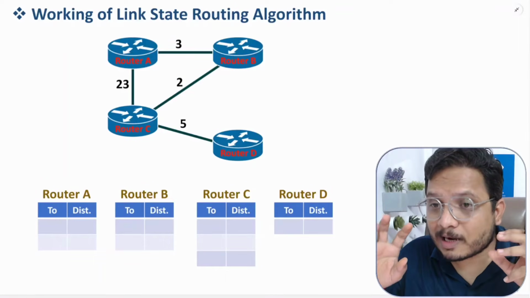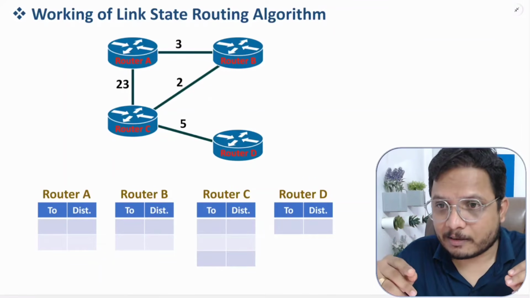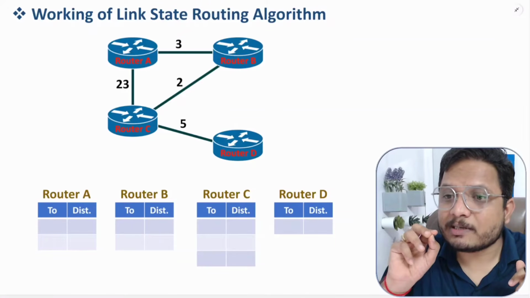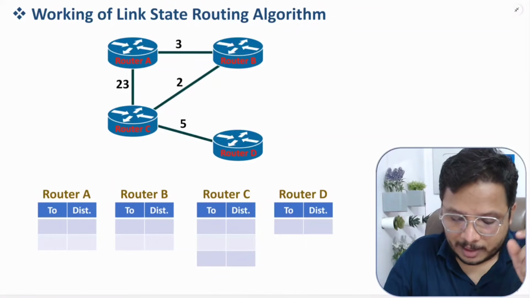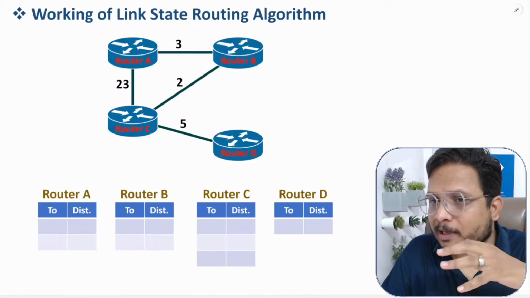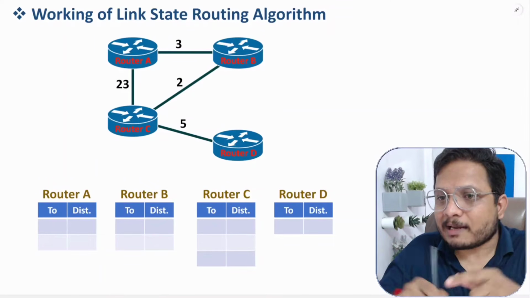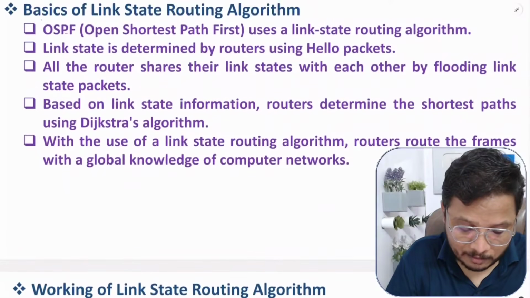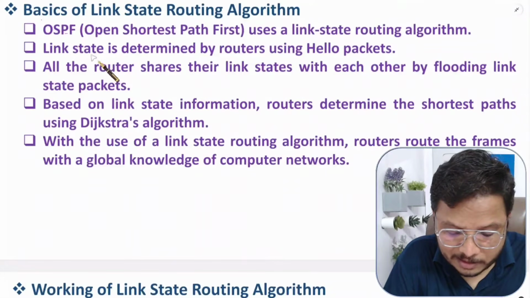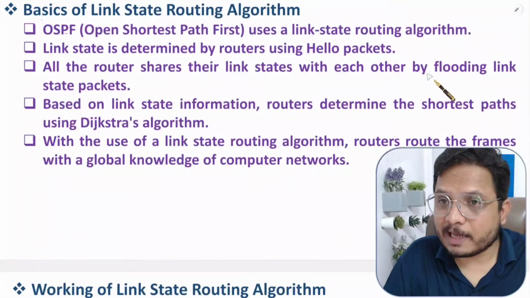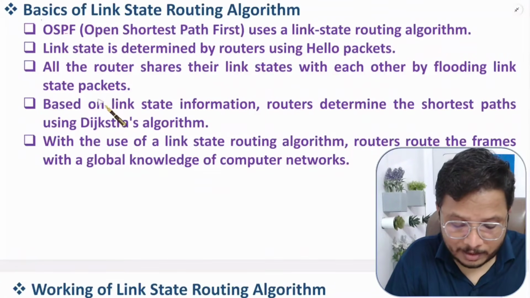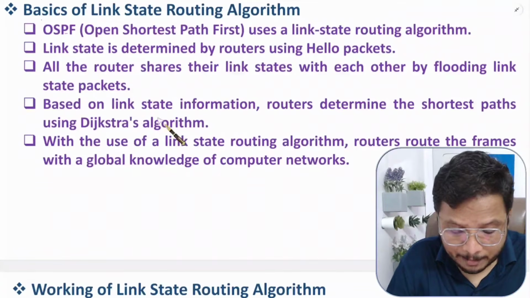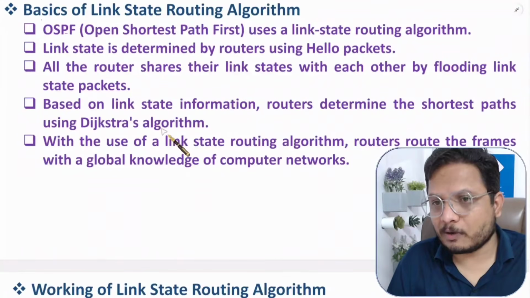First all the routers identify their link state, meaning how many links they are connected with, and for that they give a distance magnitude. Once all the routers have each other's link state, they run an algorithm. First they identify link state, then they flood their link state on the network, and after that shortest path determination happens with the use of Dijkstra's algorithm.